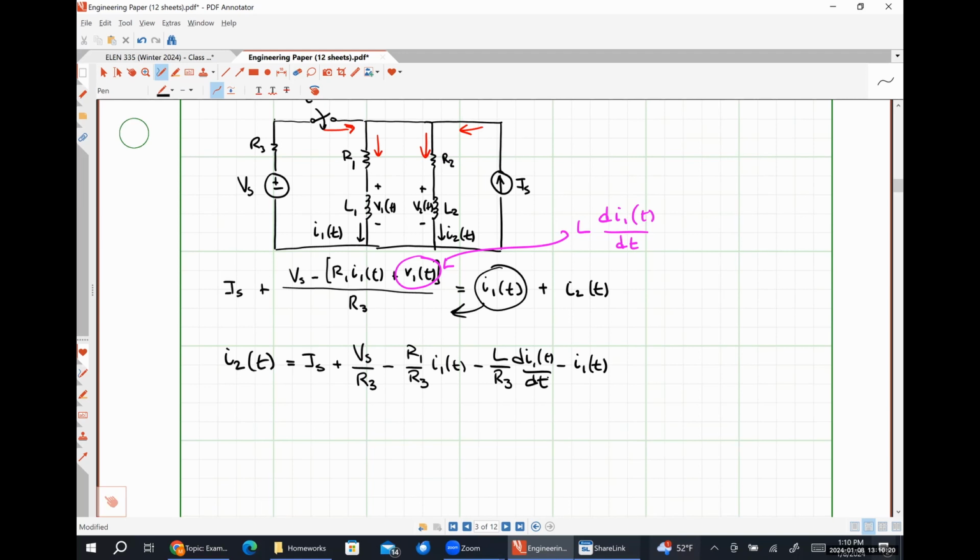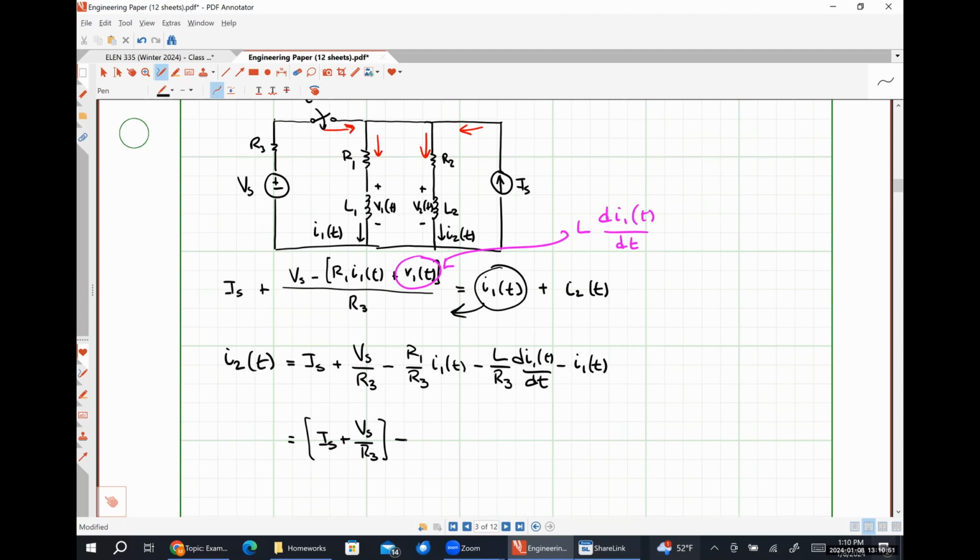I'm going to take one more step here and just lump some things together. I have this constant term of IS plus VS over R3. I'm putting the brackets around it just to say this is a constant term, so if I take the derivative of this, that part's going to go to 0. Let's factor out a negative sign here, and let's do my 0th derivative terms.